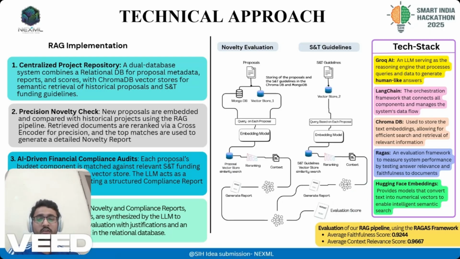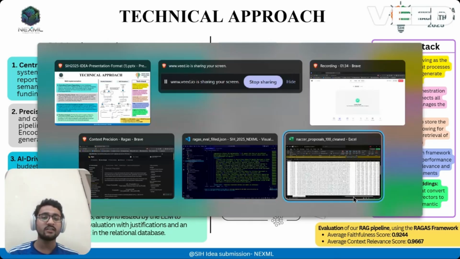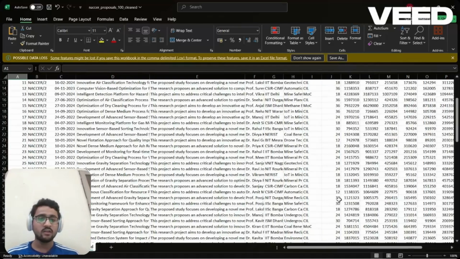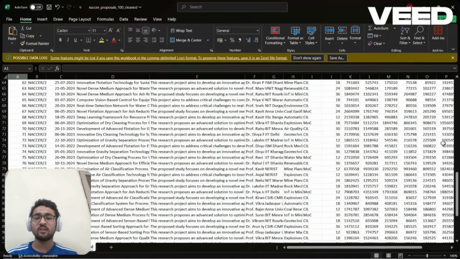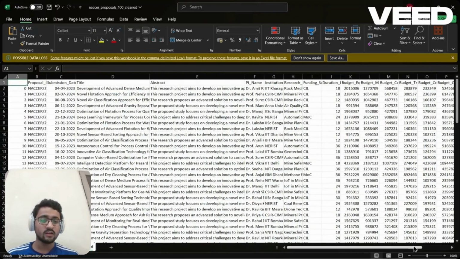And now, in order to evaluate our RAG pipeline and how well it is performing, we first of all created a synthetic dataset of 100 proposals in order to simulate how real proposals would look when we'll be working with real data.